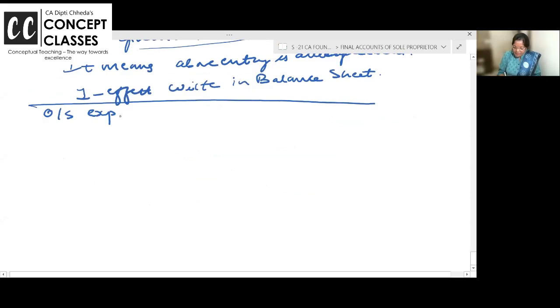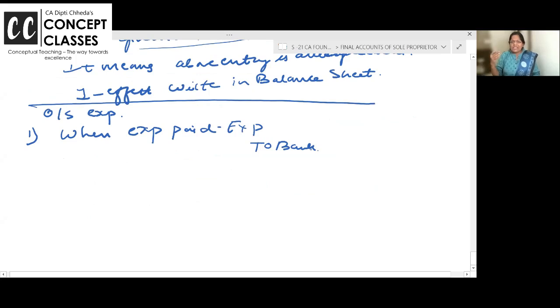Outstanding expense. Okay, this is for your understanding. Please write what I am writing. I am giving you some mind map. तो वो दिमाग में रहेगा तो आप गलती नहीं करोगे. When expense paid, expense to bank, कुछ भी है, salary, rent, electricity, anything, expense to bank when expense paid.